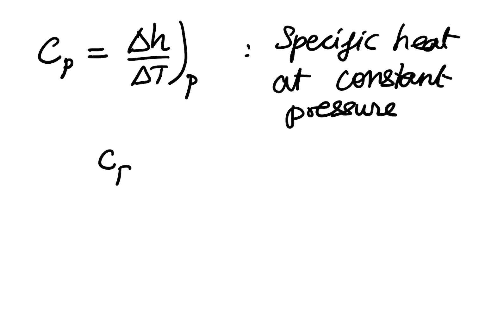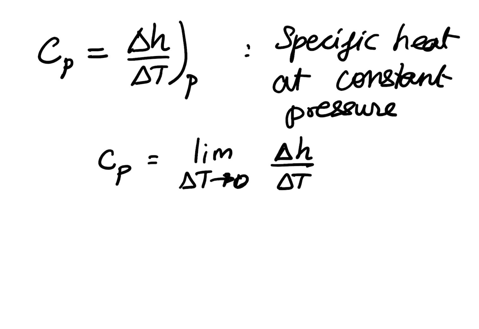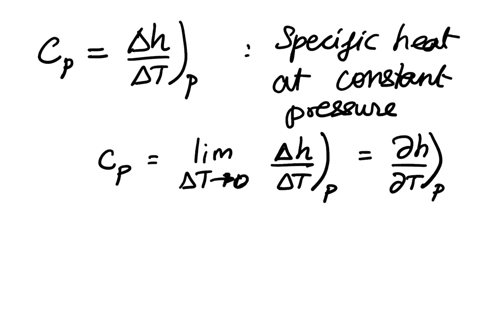Formally, for an incremental change in temperature, it is the change in enthalpy measured at constant pressure, and we write this dH by dT at constant pressure.